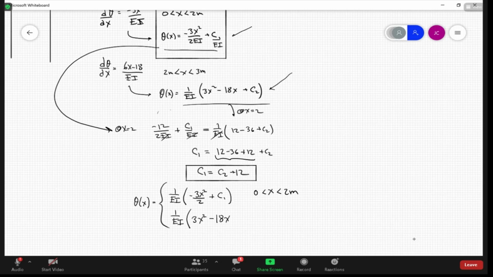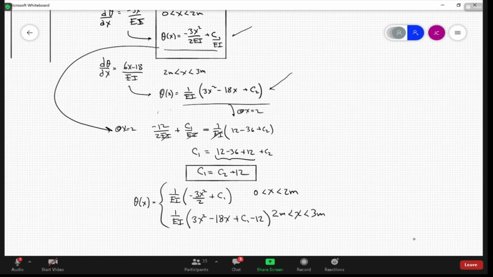So this would be plus C1 minus 12. And that's for x between 2 meters and 3 meters, right?